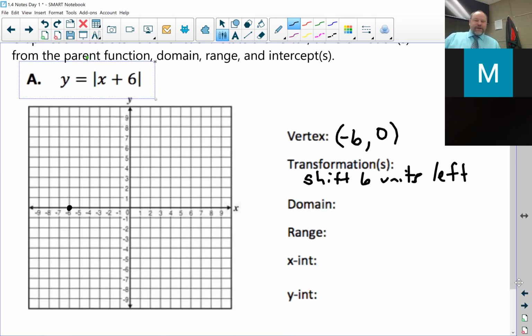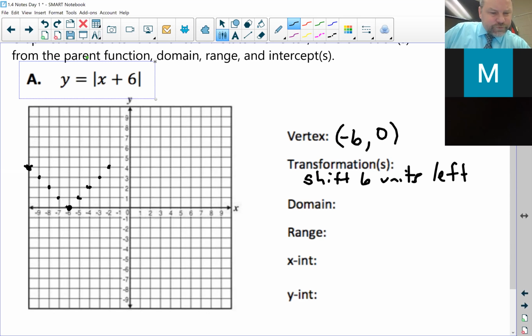Once you have the vertex, the rest of the graph can be pretty easy. There's no number in front of the absolute value. So from that point, we go up 1 over 1 in both directions. And we can make as many points as we want. Now, in your homework, you're going to be asked to make at least 2 on each side.